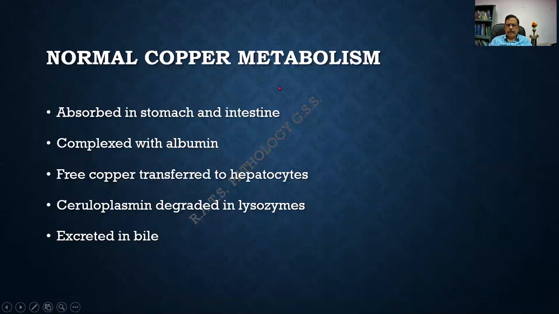The normal copper metabolism is that it is absorbed in the stomach and intestine, and complexed with albumin. The free copper is transferred to the hepatocytes. Ceruloplasmin is degraded and finally excreted in the bile. This is the normal one, you can just go through it.